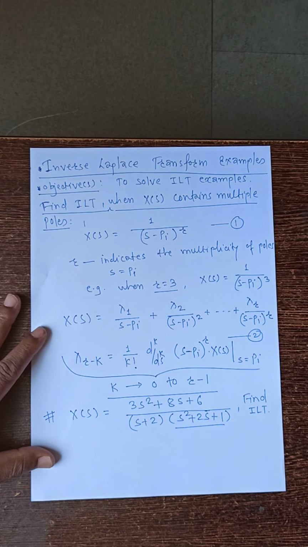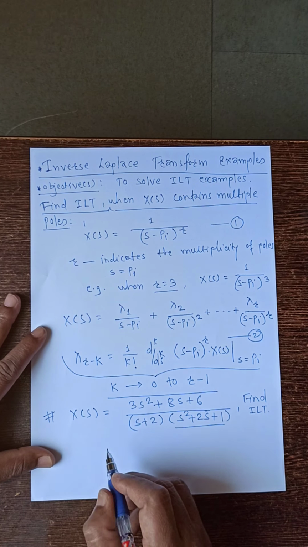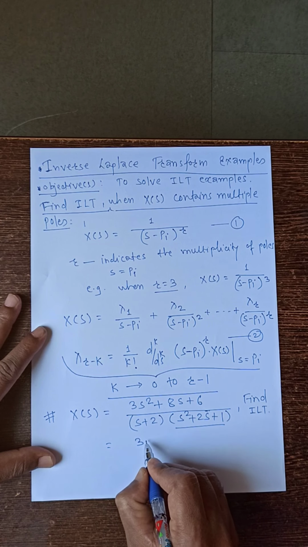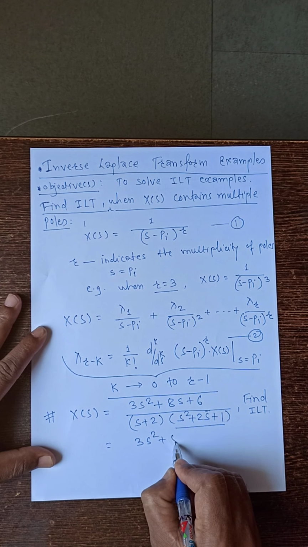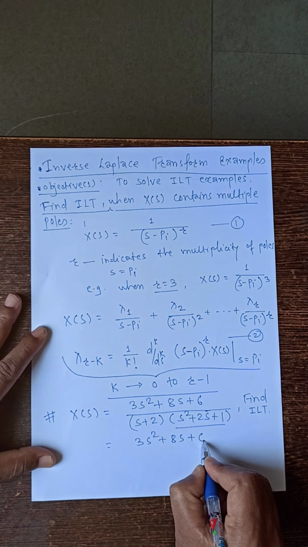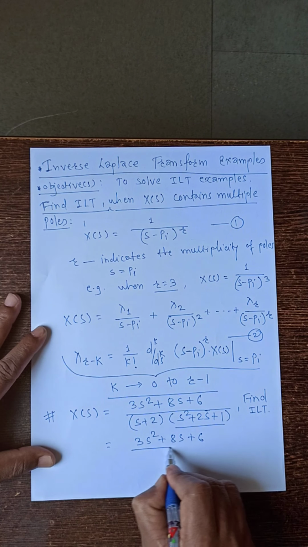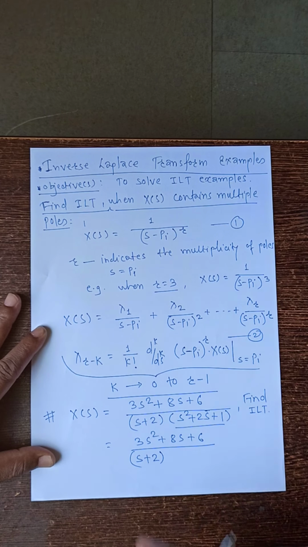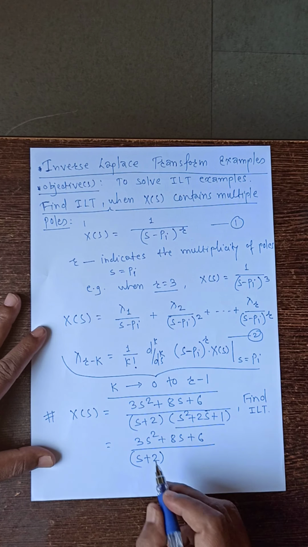First see, can we obtain the factorization of the given equation? We are not interested in the numerator, so we'll keep it as it is: 3s square plus 8s plus 6. Divided by s plus 2, that is the first pole, which is located at s equals minus 2.